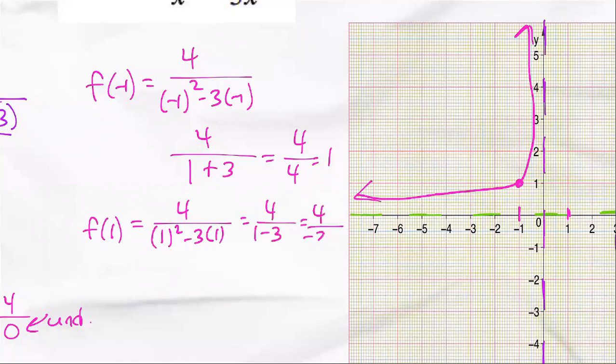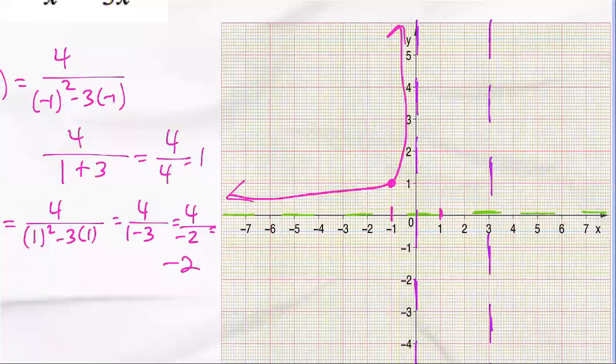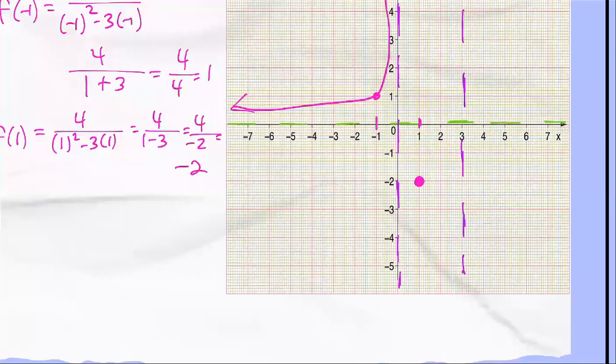So 4/-2, which is -2. So at 1, I'm at -2. All right, so I know I cannot cross the x. I cannot cross the y. I cannot cross any of those vertical asymptotes.